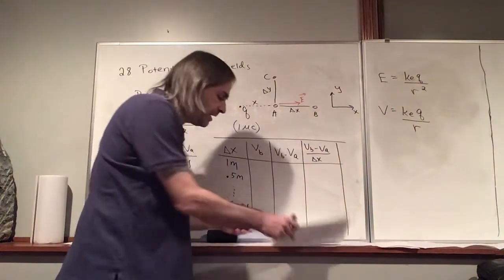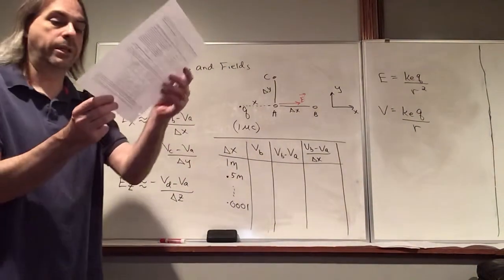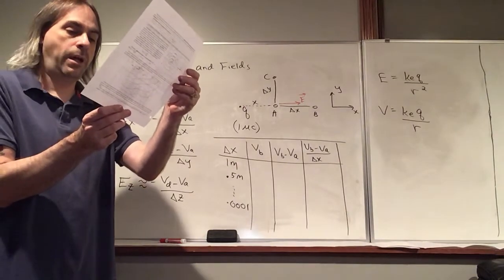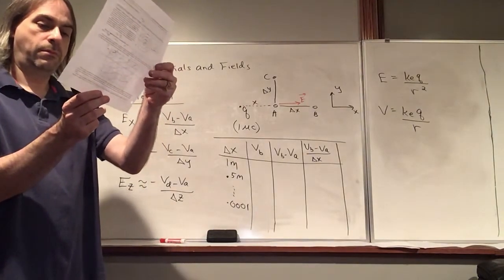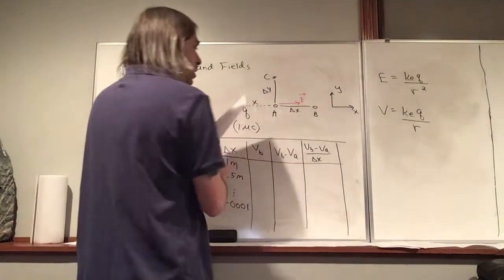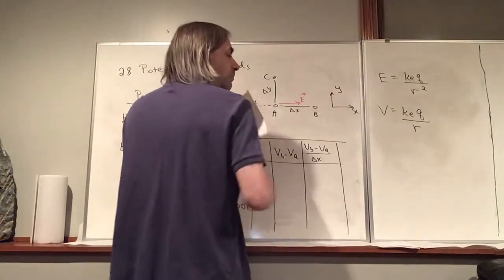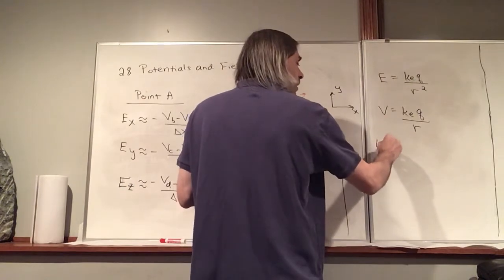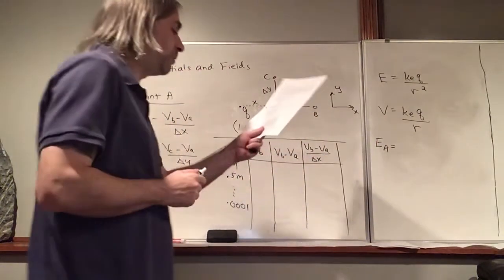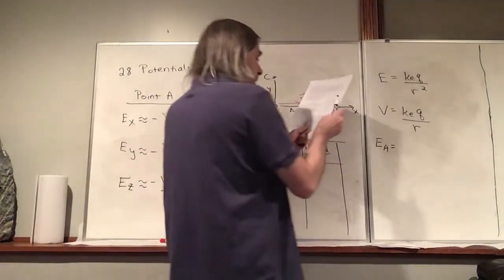We know the charge, we know the constant, we know r, so we can find the actual electric field. I'm going to write down the actual value of the electric field at point A. I went to way more significant figures than we normally do.